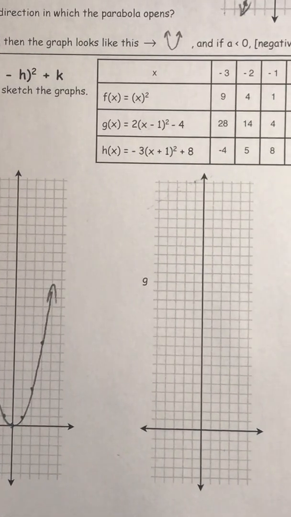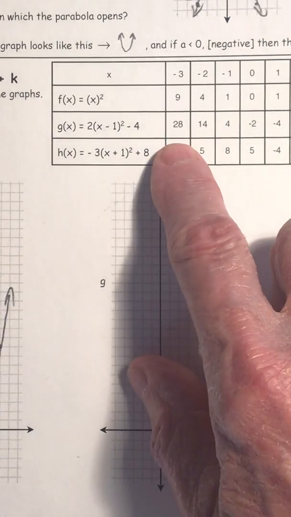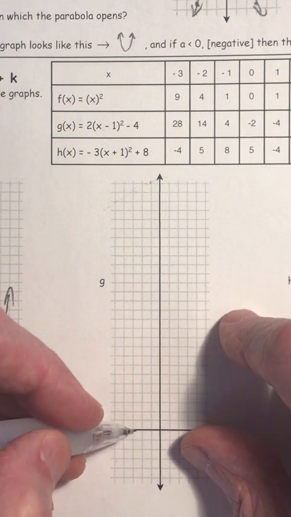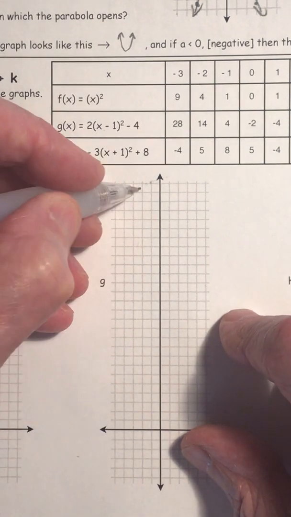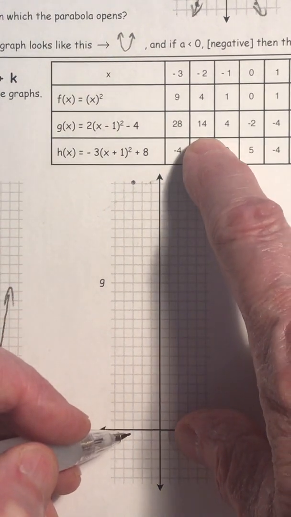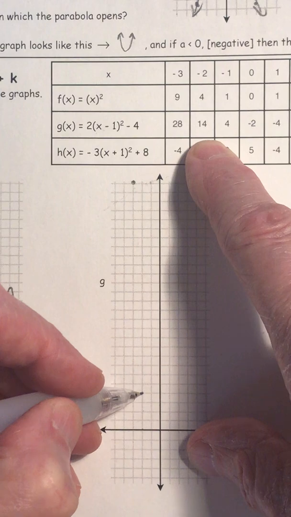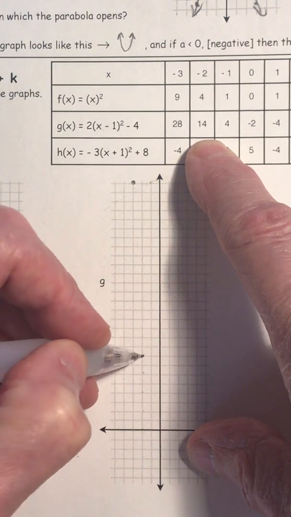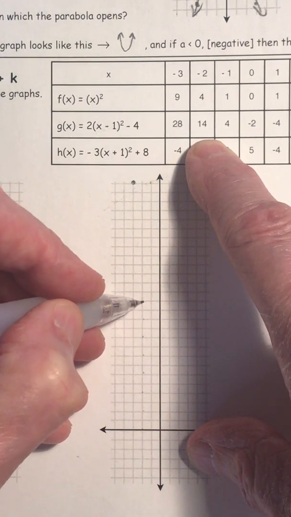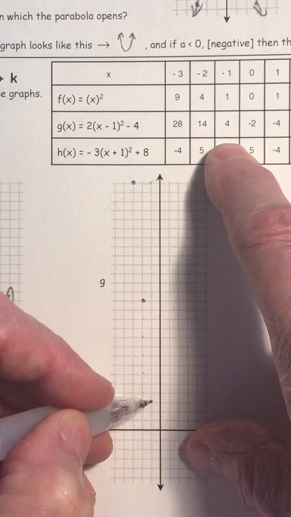The g graph, I'm just going to read from the table here. At -3, we get 28, and that is the topmost line here. And then at -2, we get 14, 2, 4, 6, 8, 10, 12, 14, right there. At -1, we get 4.